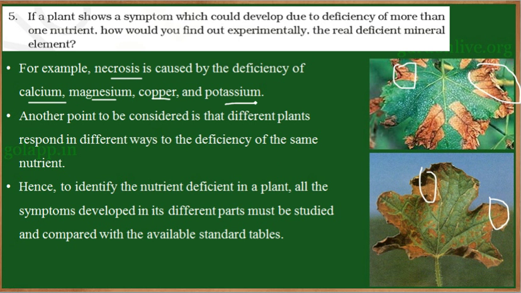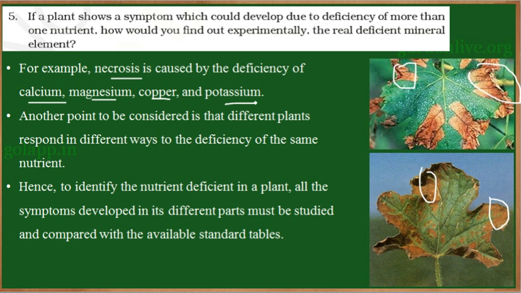For example, if there are 10 nutrients which we add to a nutrient medium, and all those 10 elements are required for the plant to grow, we'll prepare a nutrient broth in such a way that in every broth one of the nutrients would be missing, and these will be added to 10 test tubes, and there would be one test tube where all the 10 nutrients will be present.